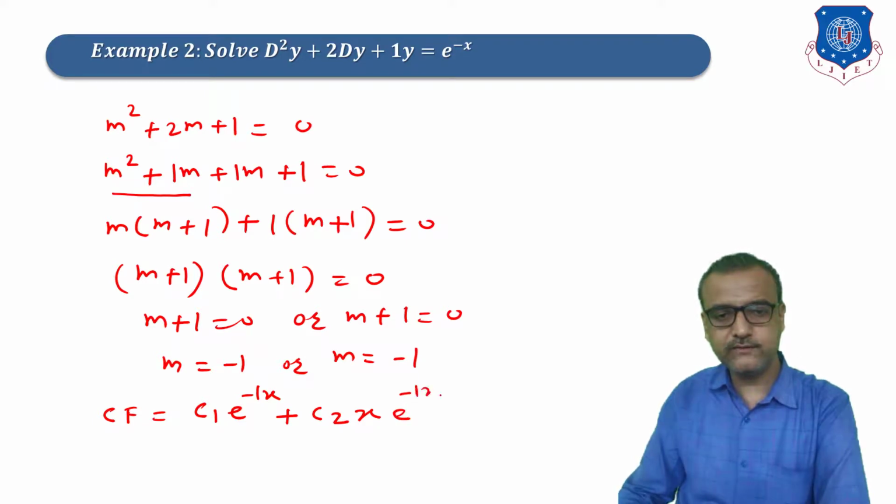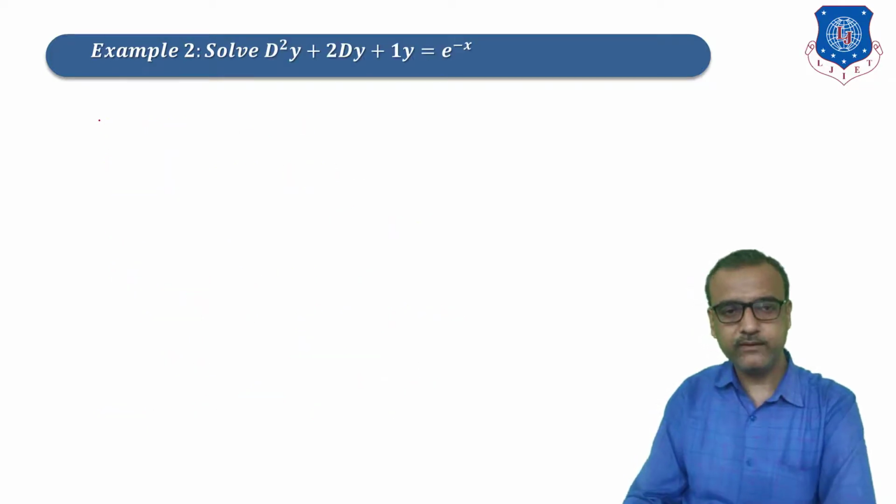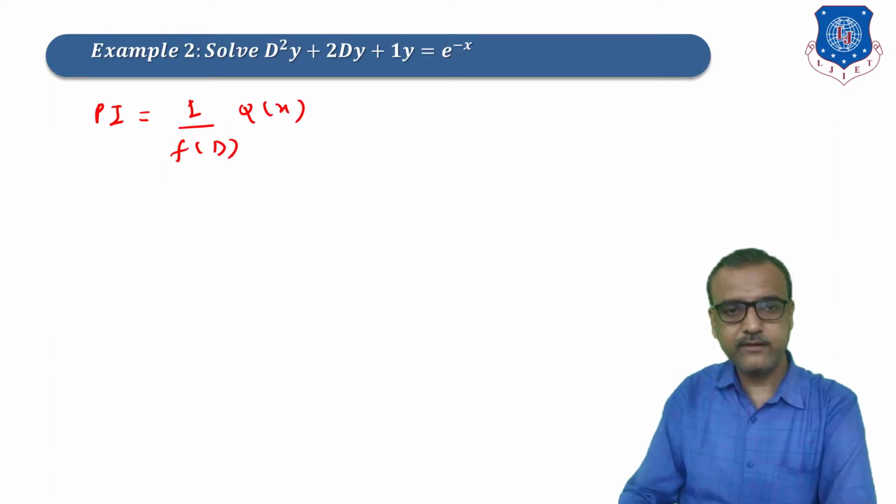This is the CF. Now we will find out PI, and the formula of PI is equals to 1 upon f of D, Q of x. This is equals to 1 over, here f of D is D square plus 2D plus 1 and Q of x is e raised to minus 1x.